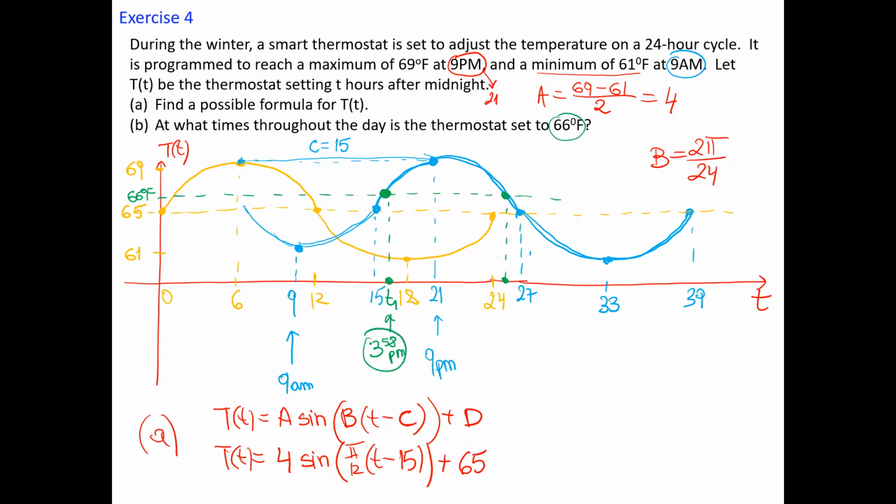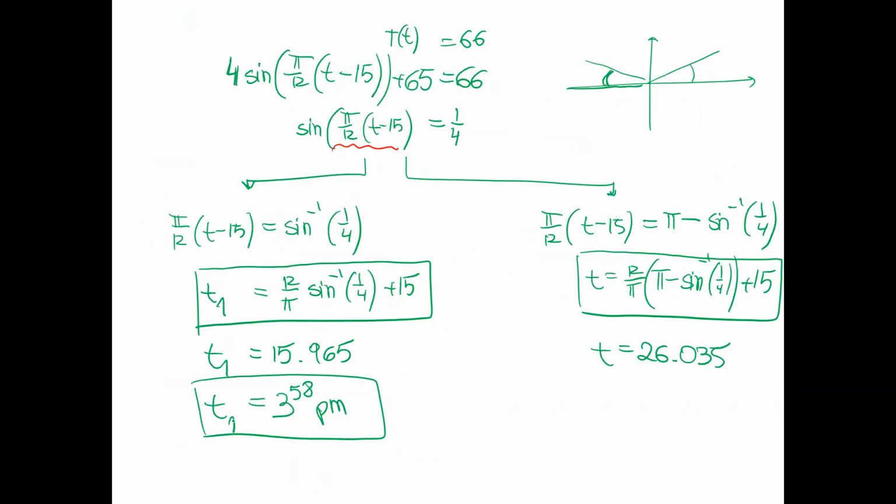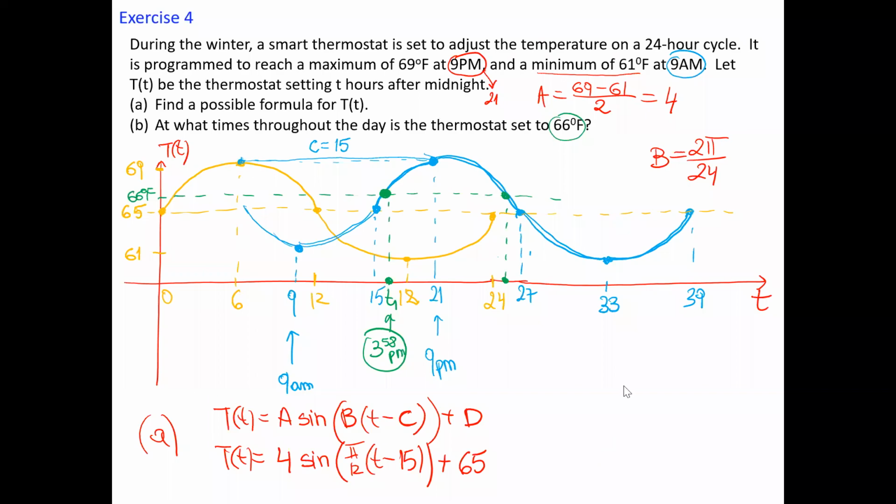And T sub 2, when I use the calculator, I've got 26.035, but 24 is midnight, so 2 hours after, almost 2 hours and a couple of minutes, 2 minutes a.m., starting a new cycle. Let's check. And yes, it's after midnight. That means this one is T sub 2, almost 2 a.m., 2 minutes.